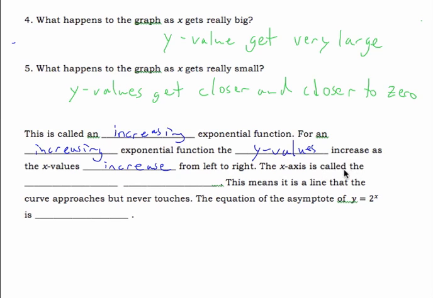The x-axis is called the horizontal asymptote. This means that it is a line that the curve approaches but never touches. The equation of the asymptote of y equals 2 to the power of x, so we just said it was the x-axis, so that is y equals 0.